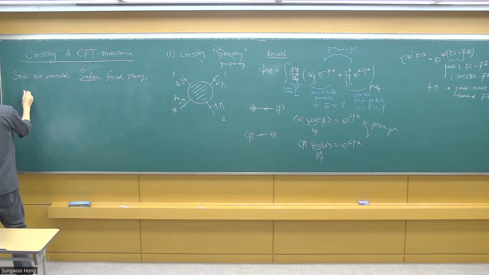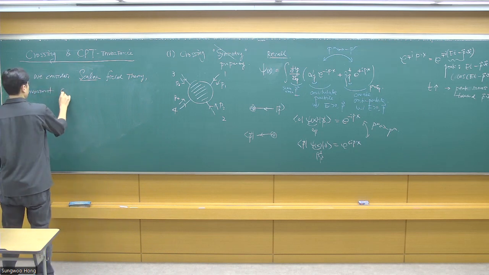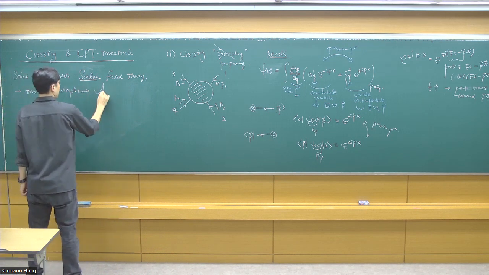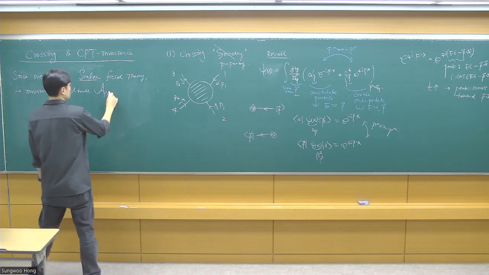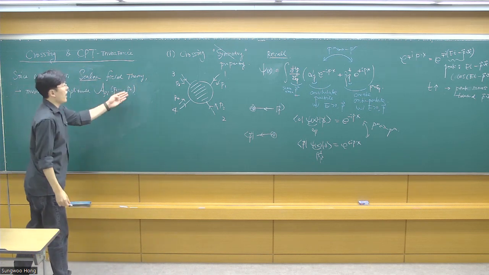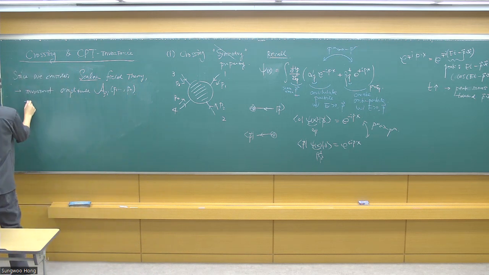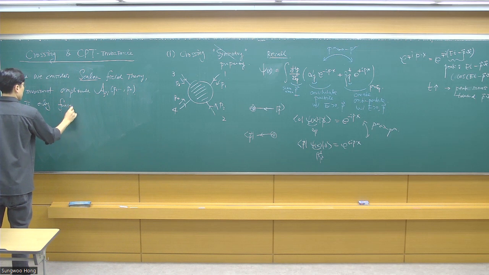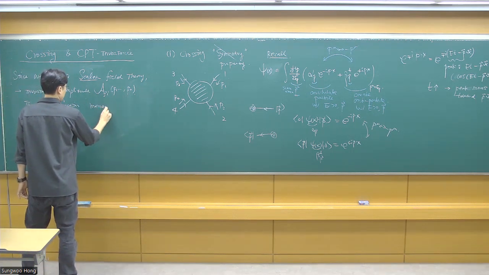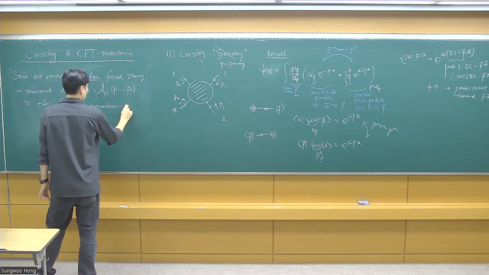Then apparently, this means that the invariant Feynman amplitude, or let me just write invariant amplitude A, which we used to write like this, which is a function of external momenta, in case you have n external legs, is only a function of momentum squared.